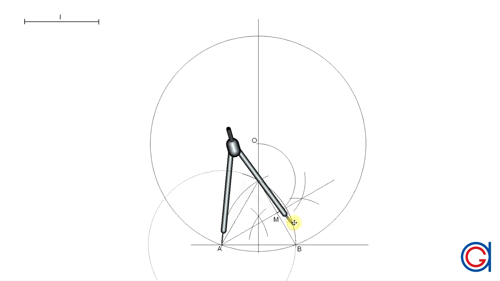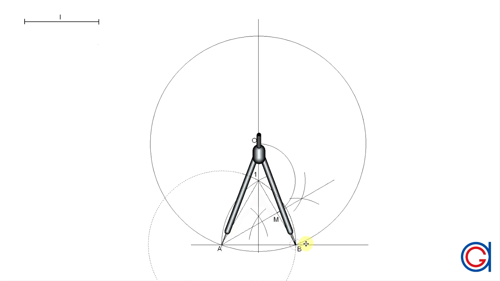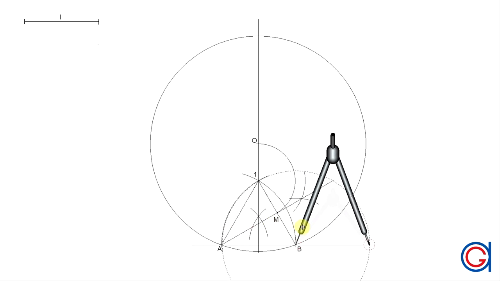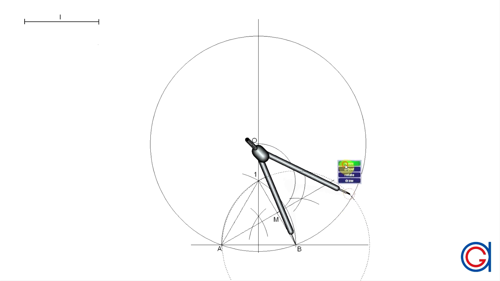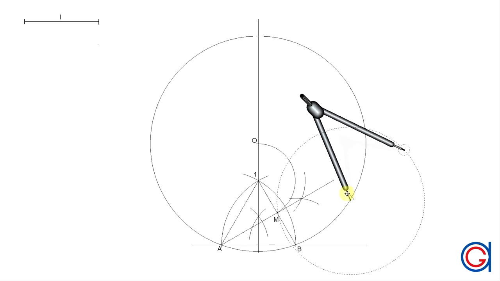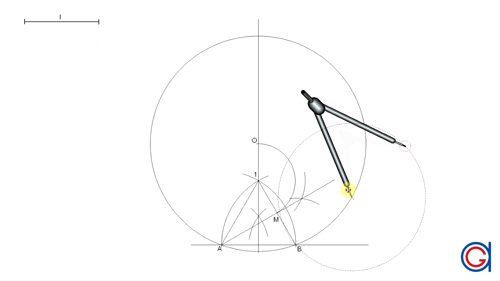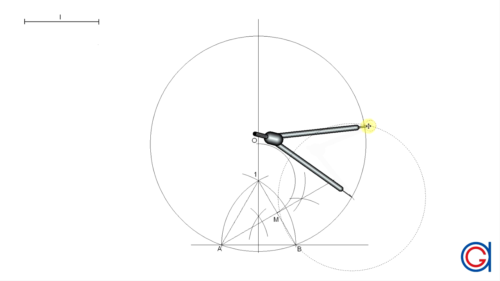So now, setting our compass to the given length AB, we are going to divide our circle into 9 parts, which will be the vertices of our nonagon. I remind you that this method is an approximation method with an error of about 5%, which is fine for drawing by hand.